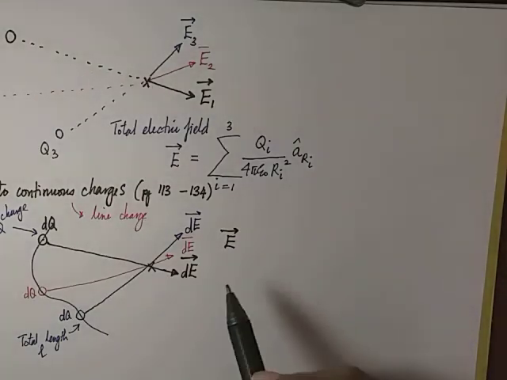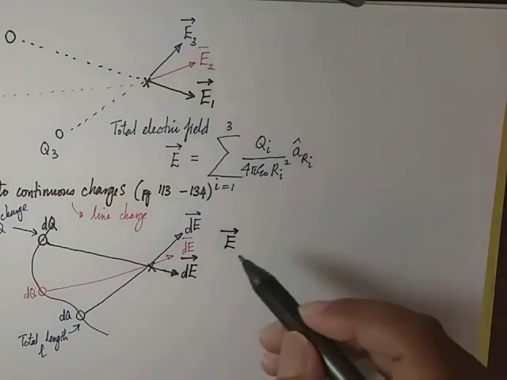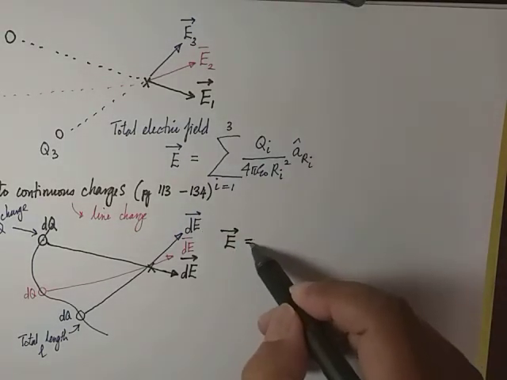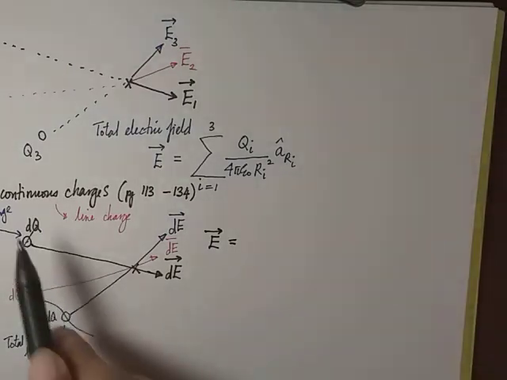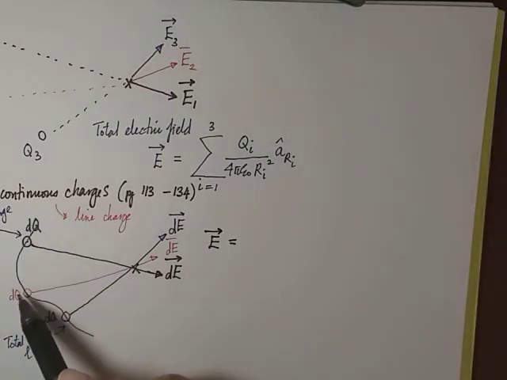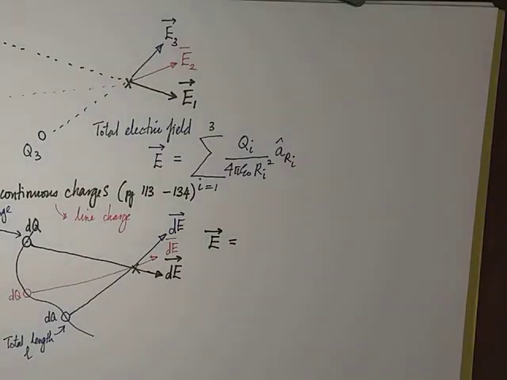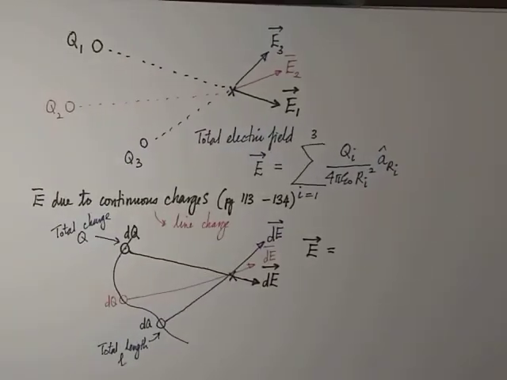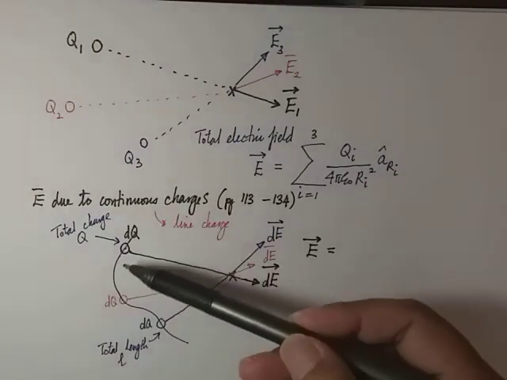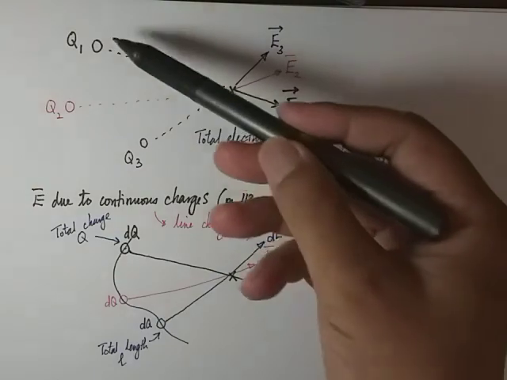It must obey what we concluded up here, but the only difference in this particular charge distribution is that it is continuous. Like this one is discrete. The charge here is continuous, but here the charge is discrete.